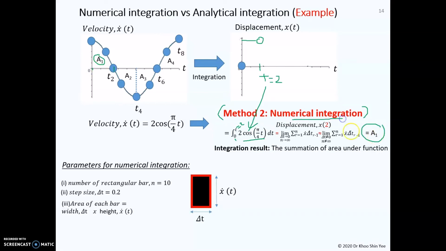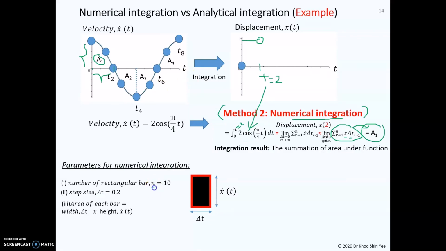By using numerical integration, we can approximate this area by taking the summation of numerous rectangular bars, where the height of the bar can be represented by the velocity, and the delta t is the width of the bar, which can be represented by the step size of the time.